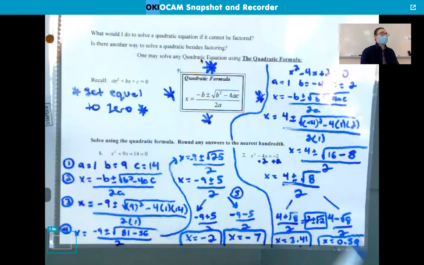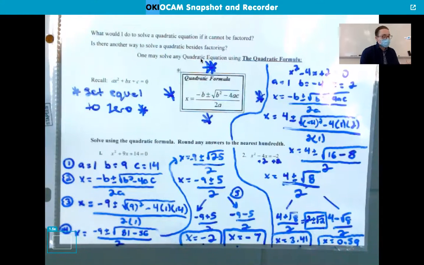Because sometimes you're not going to be able to break down the square root and have it be a perfect square. Right? So let's look at some differences between number 1 and number 2. In number 1, like I just said, I had a perfect square there. That's not always going to be the case, as we just saw. Also, it's not always going to be the case that I have a whole number or integer as my answer. I have decimals here, right?